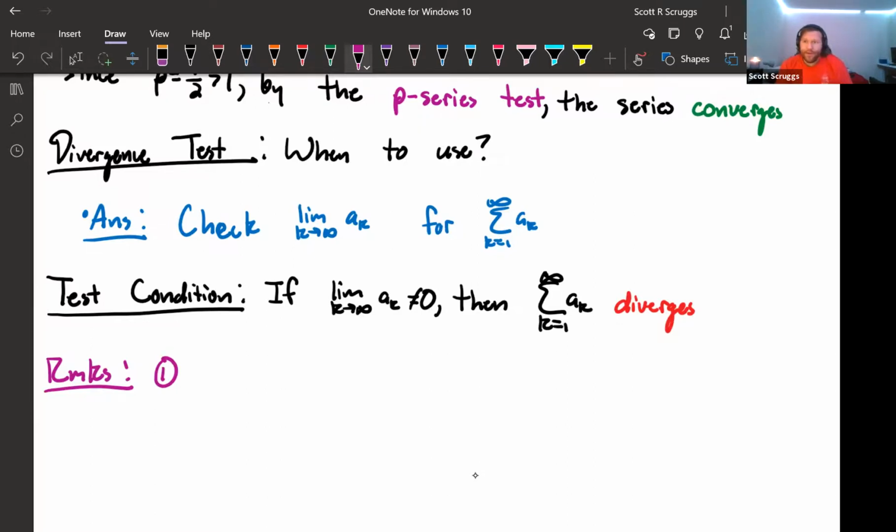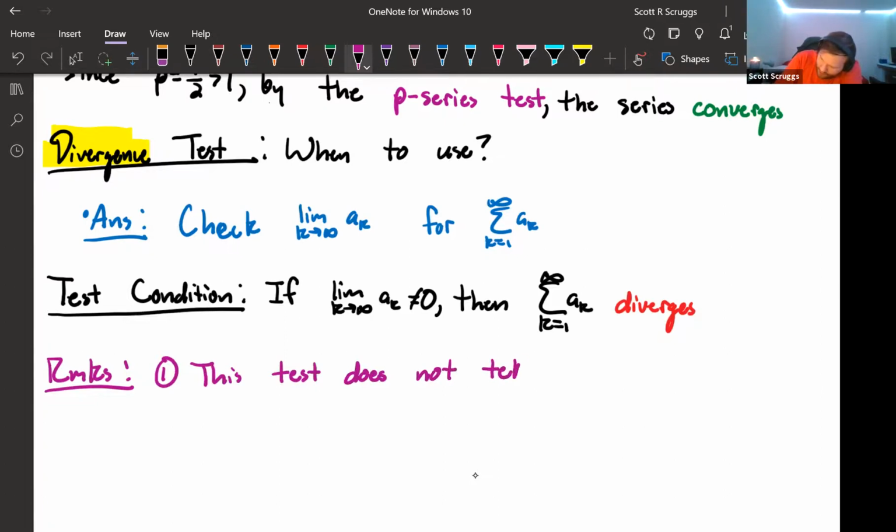That was on purpose. And that's because there's a reason why it's called the divergence test and not the divergence or convergence test, because there's only one thing it can tell you, and that's if the series will diverge. So first remark is that this test does not tell you if a series converges.